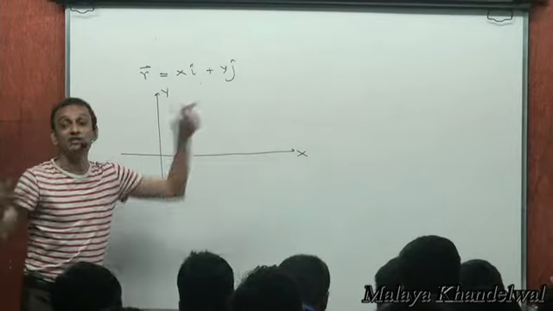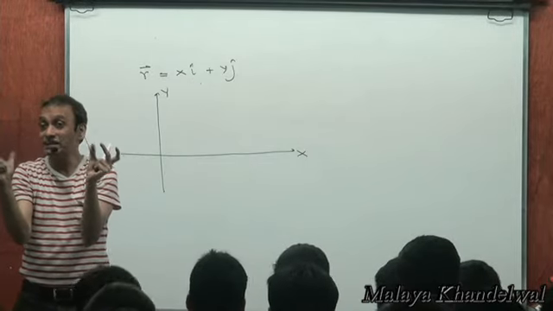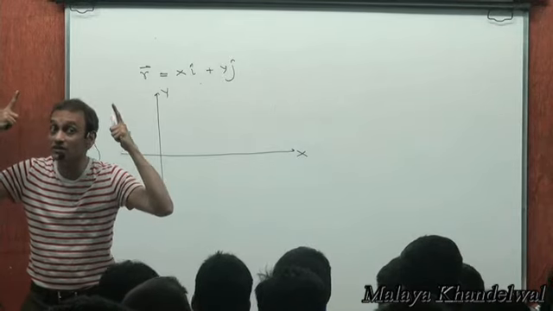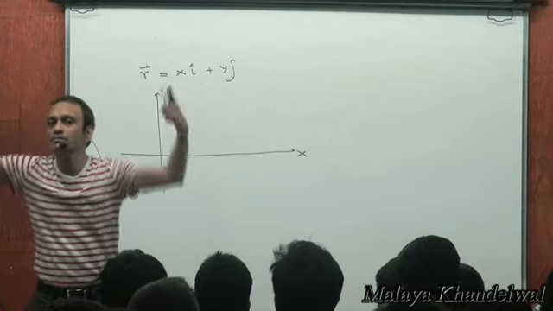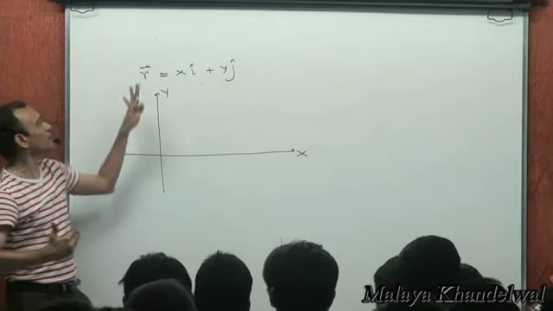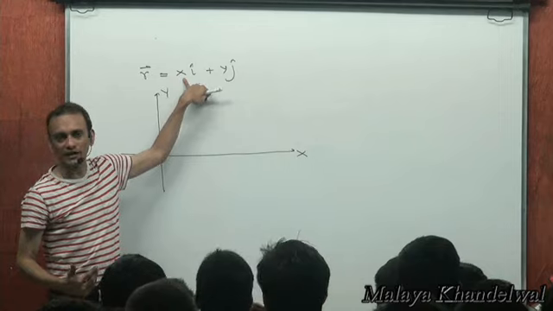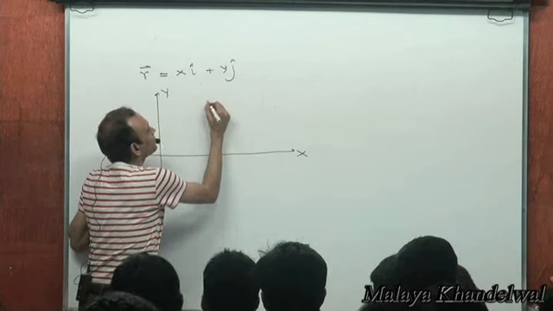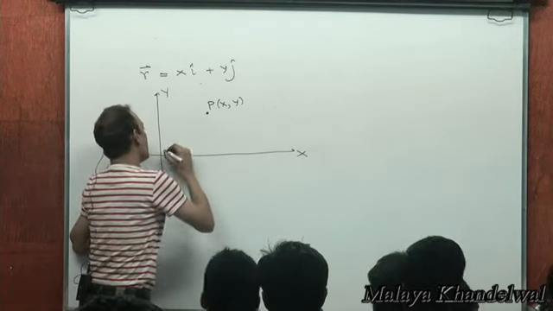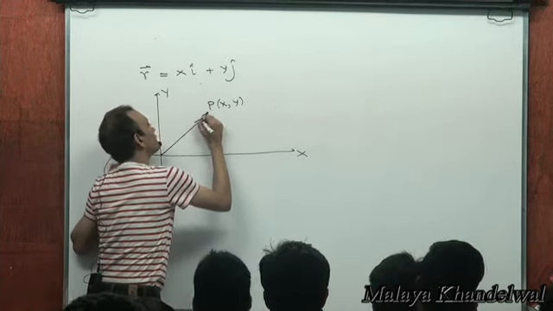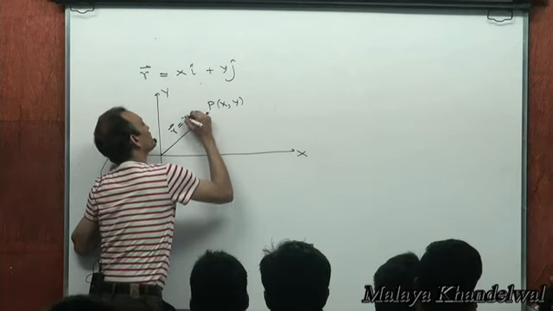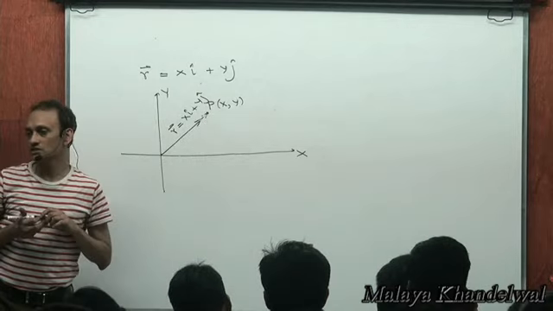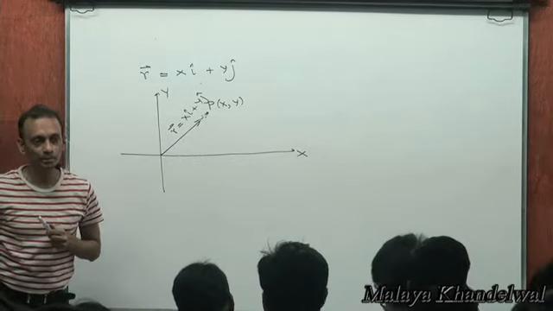Its i cap and j cap are entities that are non-arithmetical. They are vectors, non-arithmetical, but symbolic in character, suggesting that you move x units parallel to the x-axis, y units parallel to the y-axis to locate a point P, x comma y. The position vector of this point P is going to be x i cap plus y j cap. This is what it's doing, right?